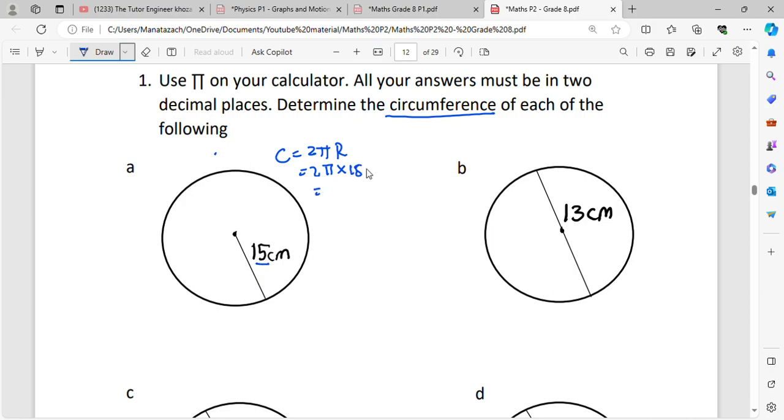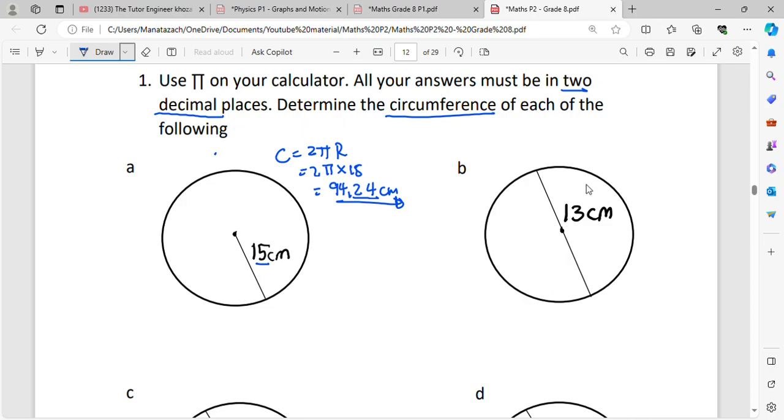That means the circumference is going to be 2 times pi times 15 centimeters, which is 94,24 centimeters. Remember, you need to comply to 2 decimal places as per the instruction of the question.